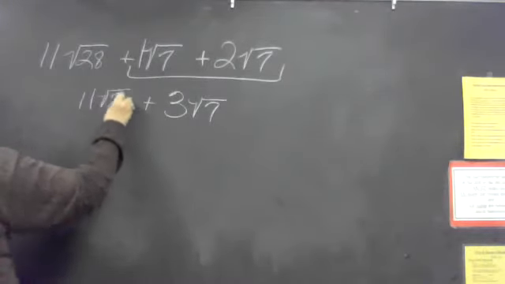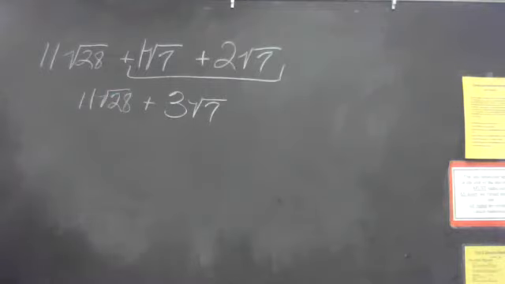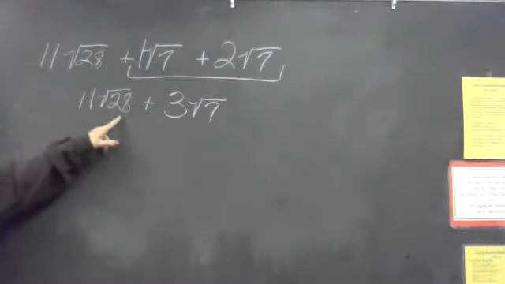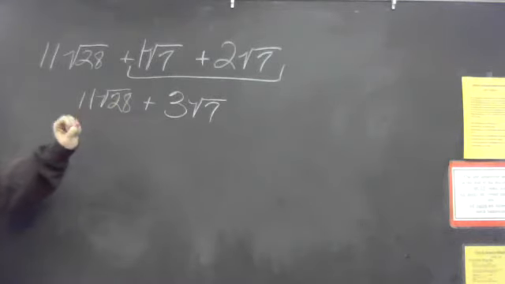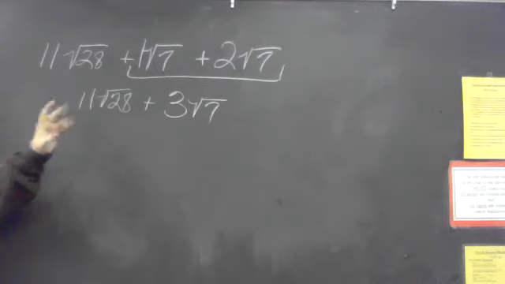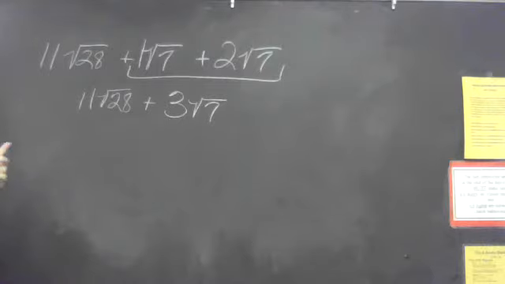Now, this is the next step that I want you to understand. If you look at a problem like this, and you find a radical expression that the number inside is bigger than a prime, then I want you to see if it will simplify by using your prime factor tree.